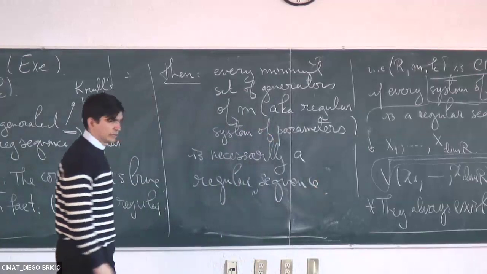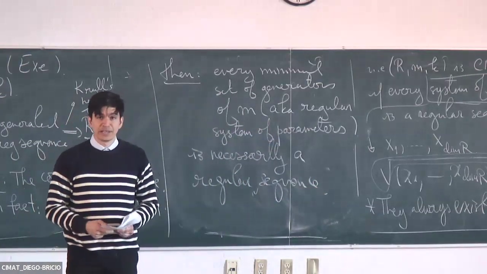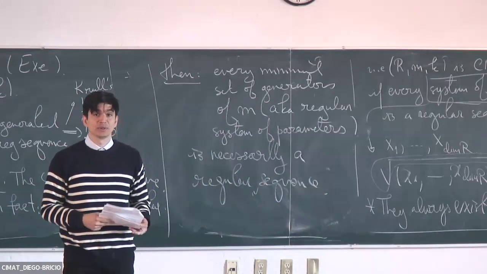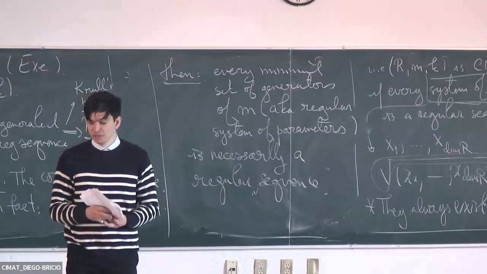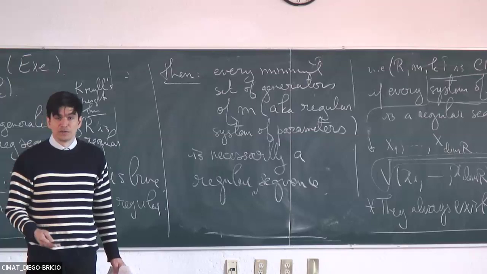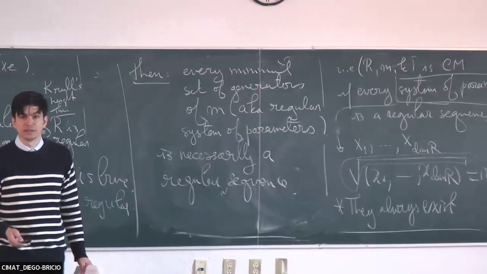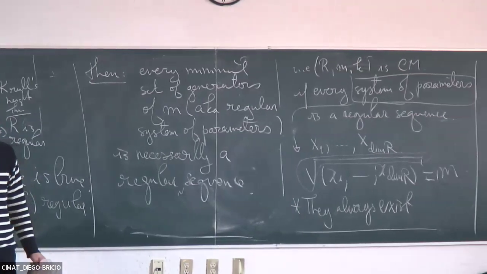In other words, a local ring is regular if and only if the maximal ideal can be generated by a regular sequence. So it would be the perfect world if that's the case.